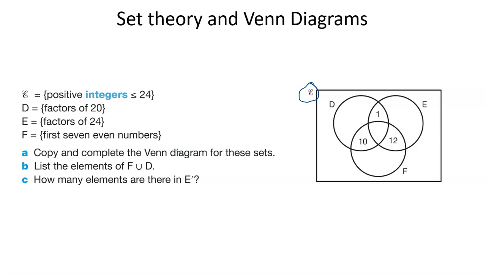And then inside we've shown a circle for each of these sets, which are defined by just this capital letter. And the squiggly brackets here, either you just list it out, so you could say D is, and then squiggly brackets, and you could just list them out. Factors of 20: 1, 2, 4, 5, 10, and 20. Those are all the factors there.